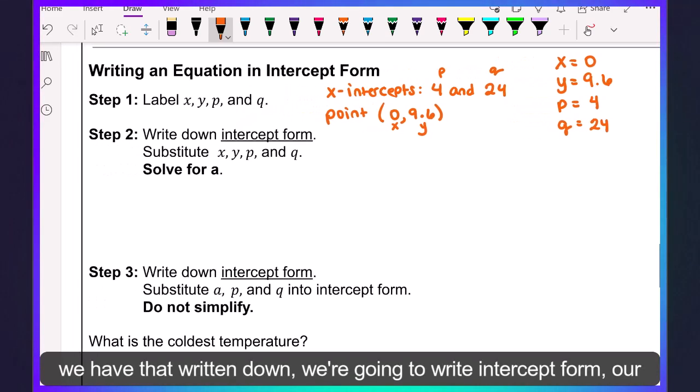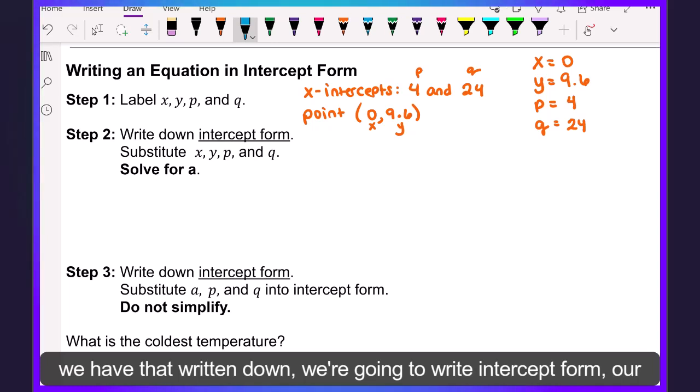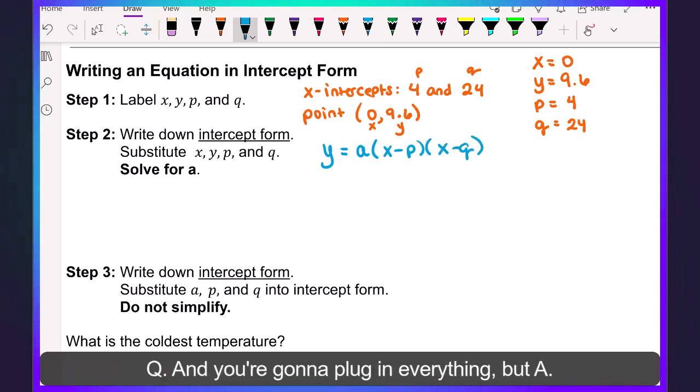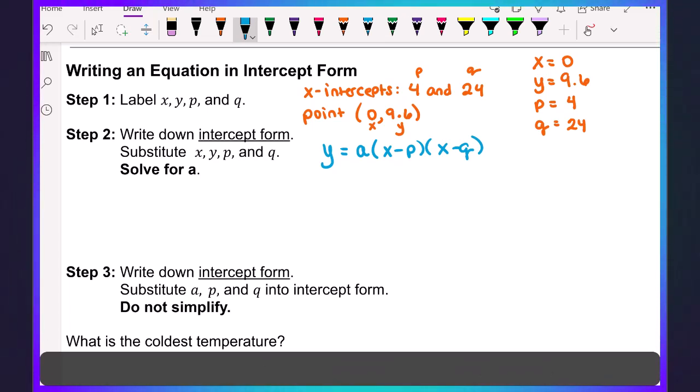Now that we have that written down, we're going to write intercept form, our generic form, which is y equals a times x minus p times x minus q. And you're going to plug in everything but a.